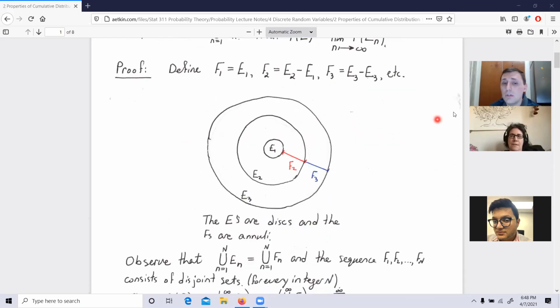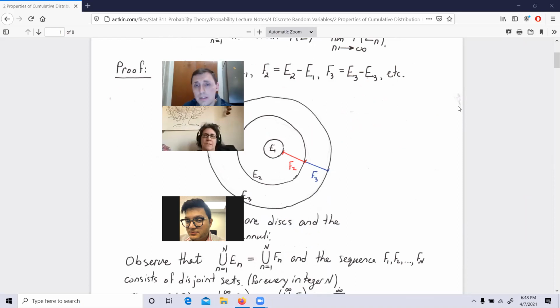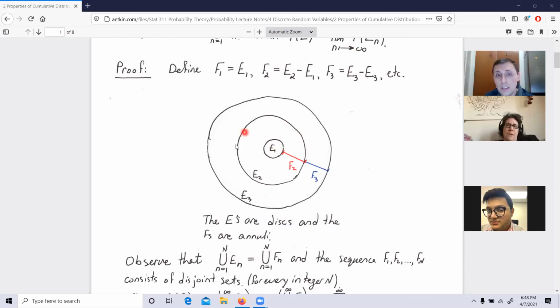Why is that the case? Well, you can represent it by this drawing, right? Here is E1, E2 is bigger than E1, E3 is bigger than E2. This union is obviously not a disjoint union, but we can make it a disjoint union.